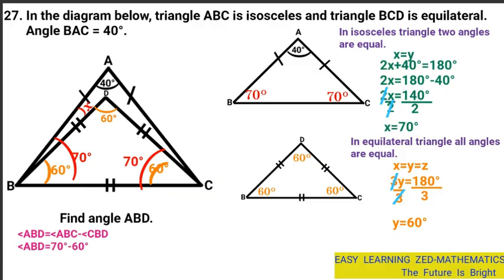Then angle ABD is equal to 70 degrees minus 60 degrees, which will give us 10 degrees. So the value of angle ABD is equal to 10 degrees. So this is how you find it.